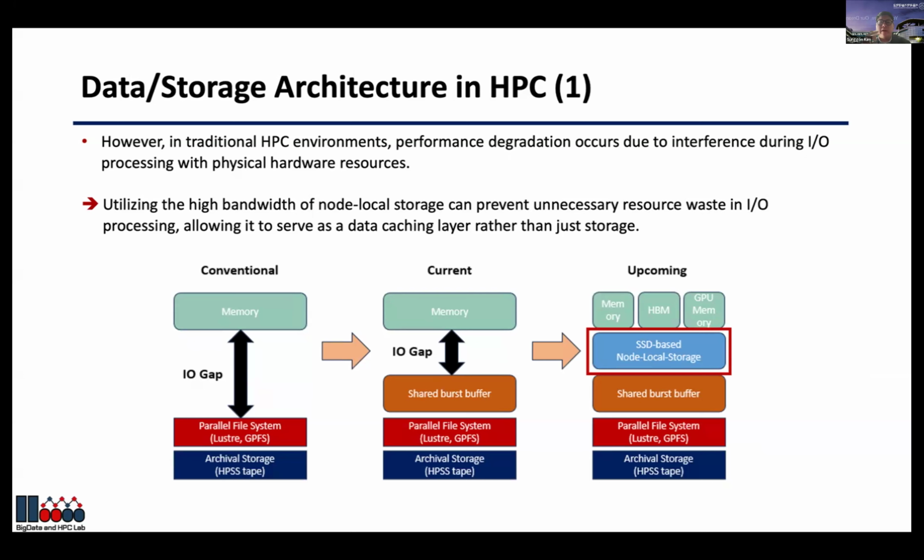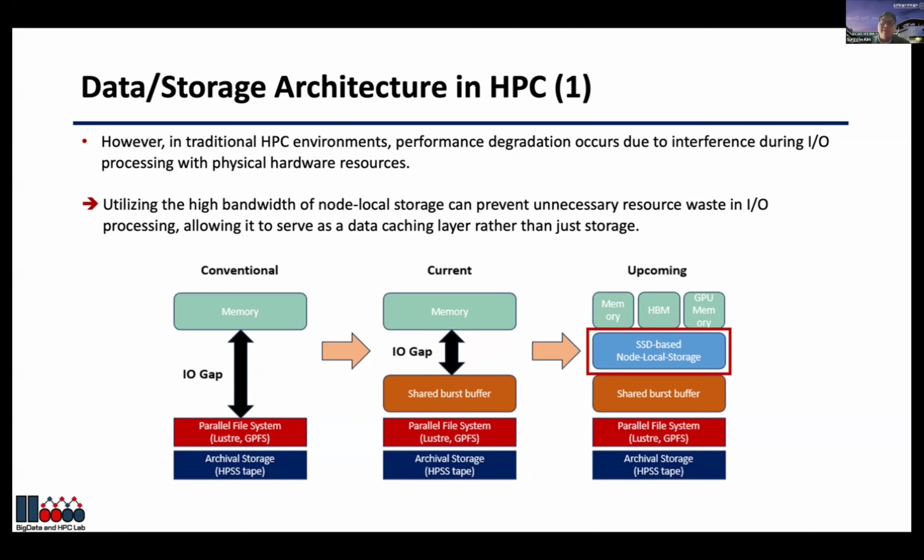But these kinds of architecture changes were based on the premise that there is an I/O gap, a speed gap or data capacity gap, between the memory that resides on the CPU and the parallel file system, which was originally designed with hard disks and archival storage, which is tape storage.